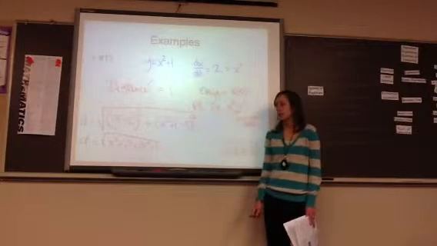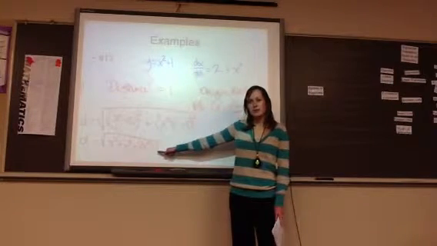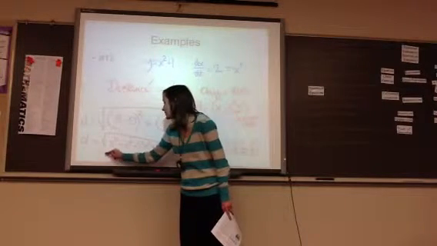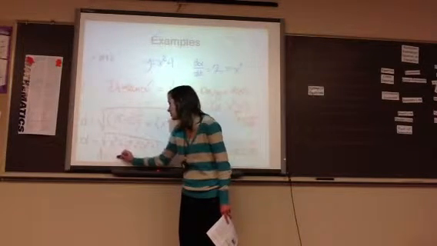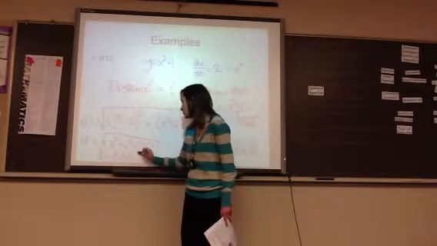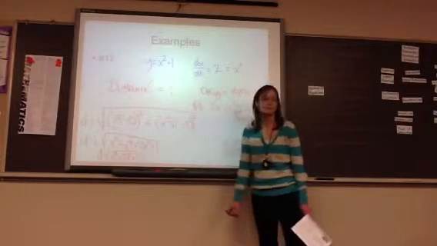Questions? So we need to find the derivative of that. Can we simplify that even more? So we could write this as d equals x to the fourth plus 3x squared plus 1 quantity square root.